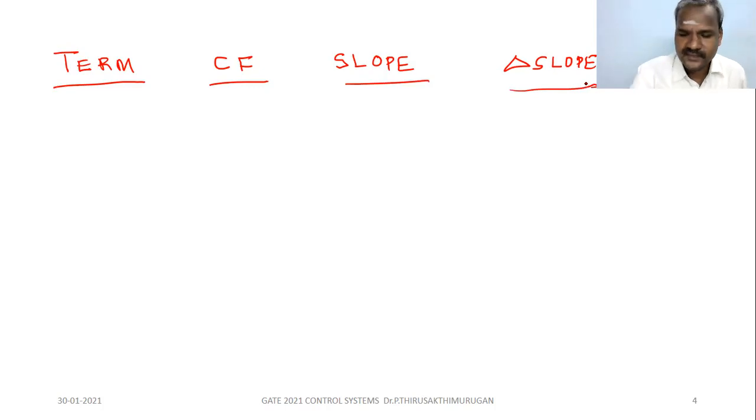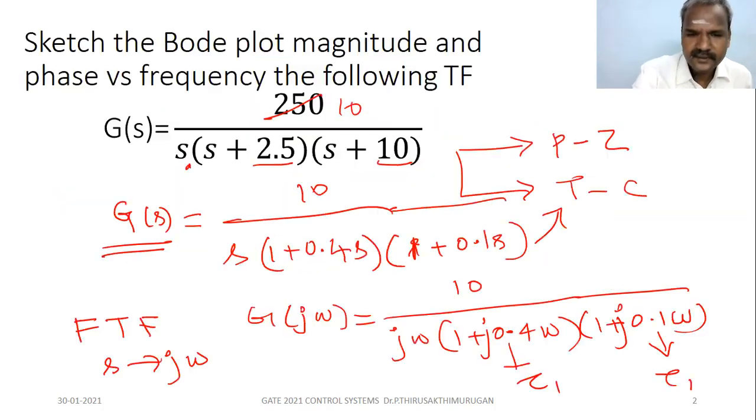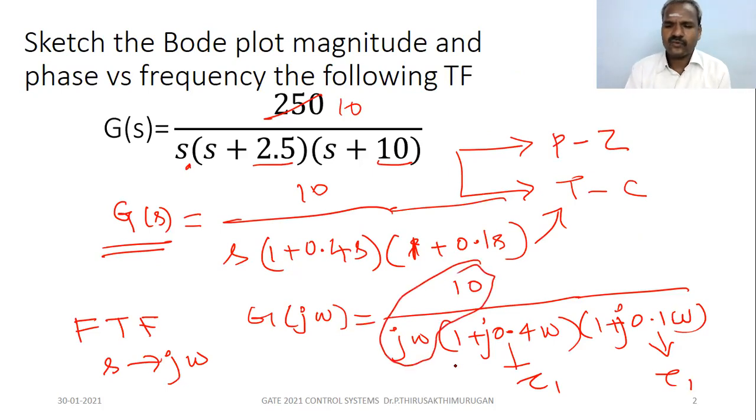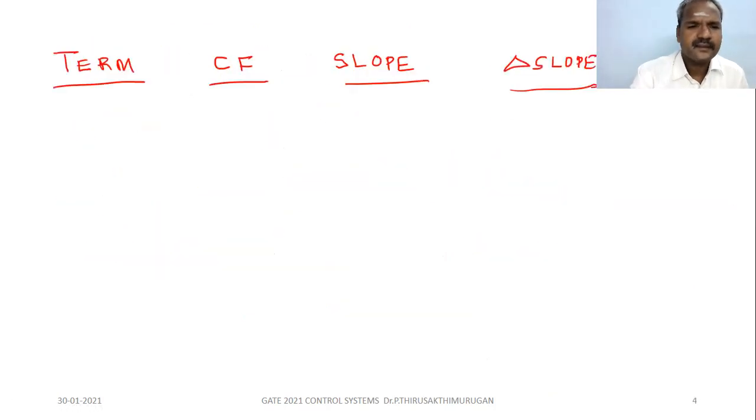Okay, so first I am going to consider 10 by j omega as one term. Then next I have to consider these two factors. We have to arrange the corner frequencies in ascending form. Accordingly, we have to place the terms, right? So first term I am considering 10 by j omega, the integrator with the constant.